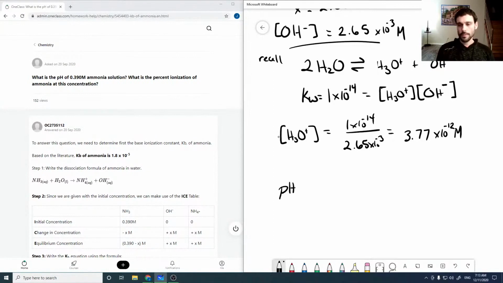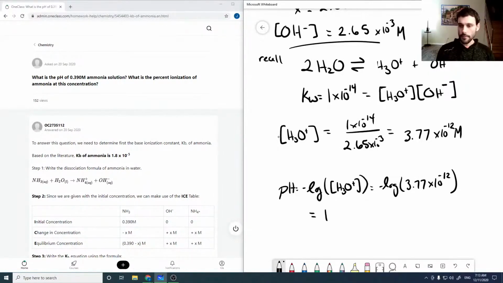And so then pH is the negative logarithm of our H3O plus concentration, which is the negative logarithm of 3.77 times 10 to the minus 12, which is 11.42. Okay, so there's our pH.